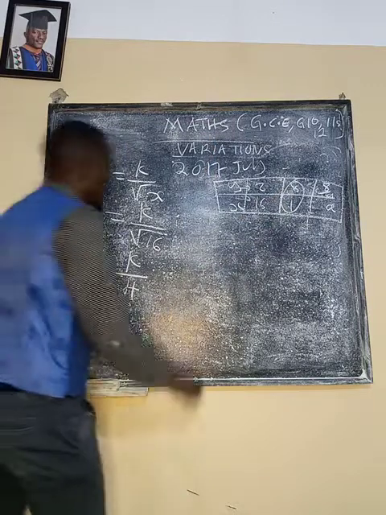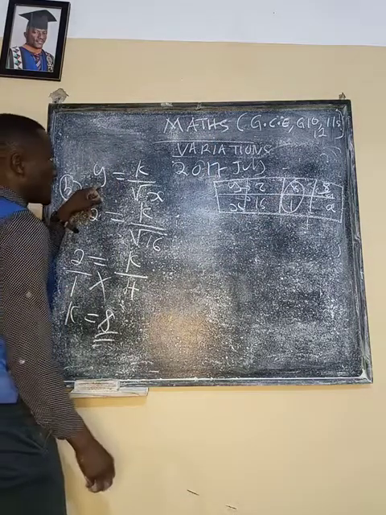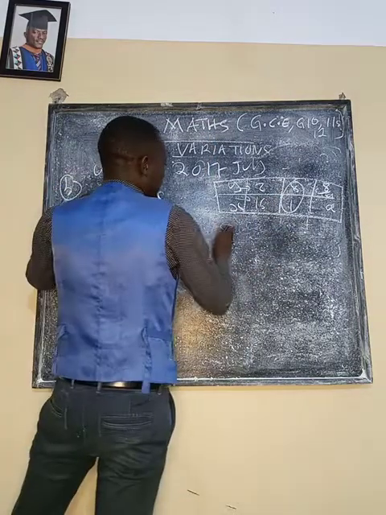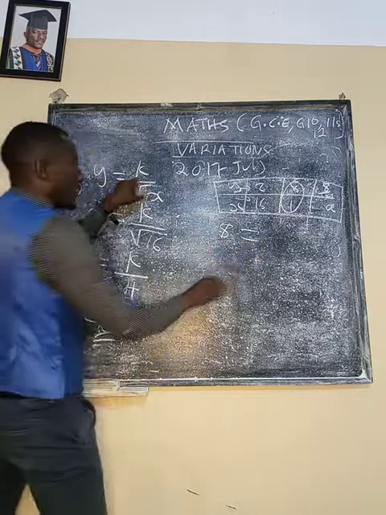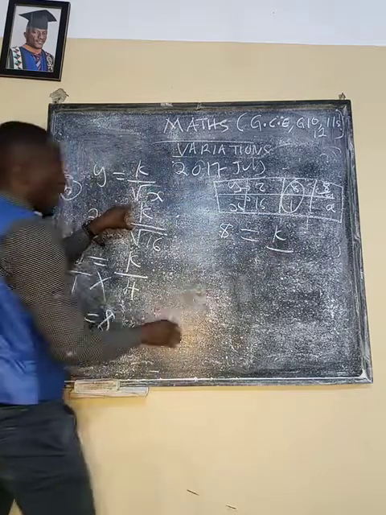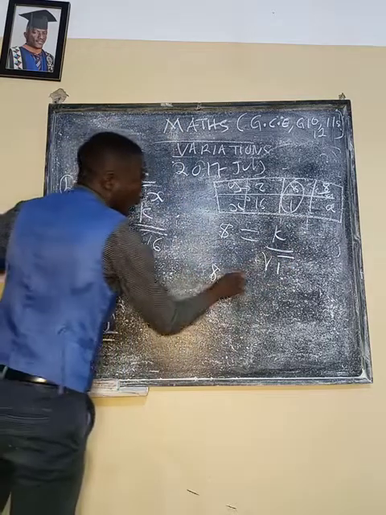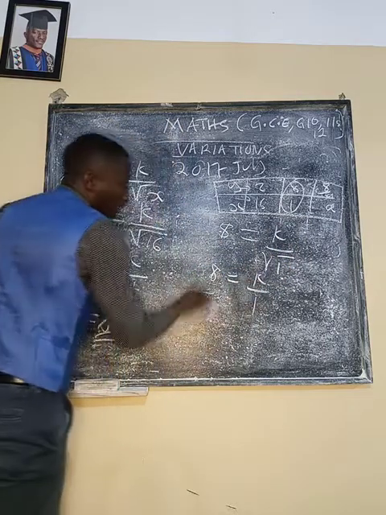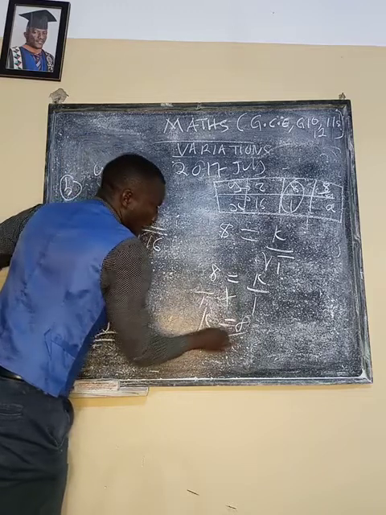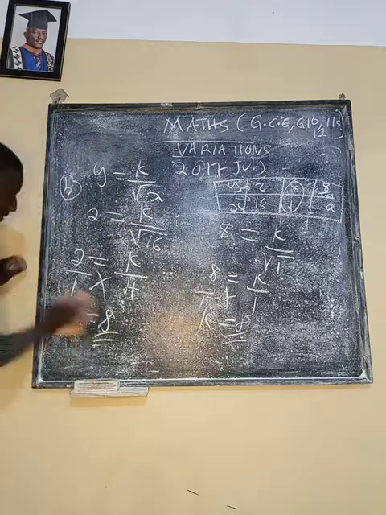In this case, 8 equals k over the square root of x, our 1. What is the square root of 1? It is 1. Cross multiply. Your k is equal to 8. You've got the same answer.